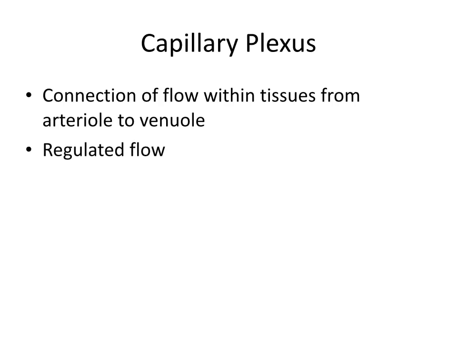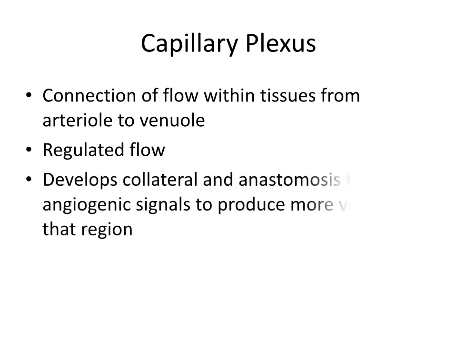It allows for and regulates flow in and out of tissues, and the regulated flow develops the collateralization and anastomosis of the blood vessels based off of what's usually referred to as angiogenic signals, meaning that we're going to form new blood vessels in regions where we need to increase blood flow, and we're going to decrease capillaries in regions where we diminish blood flow.